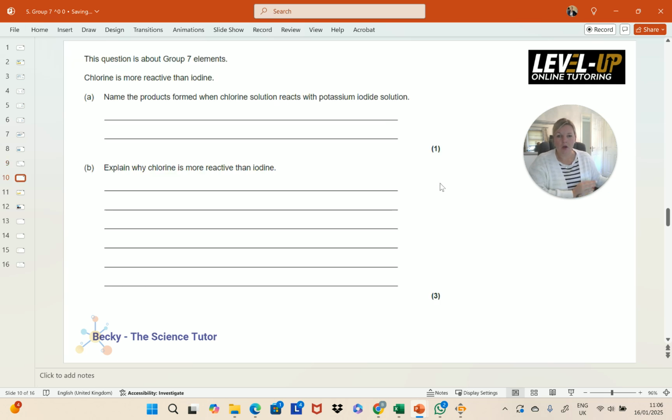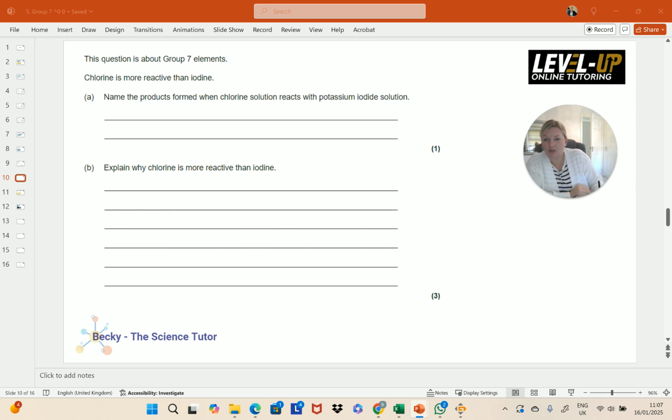Okay, so this is towards the higher end of the scale of questions, because here it's asking us to explain that reactivity. So we've really got to dig a little deeper into these. So we've got chlorine is more reactive than iodine. Name the products formed when chlorine reacts with potassium iodide. It's told us it's more reactive, so it's going to displace the iodine. So what we're going to end up with is they're just going to change around.